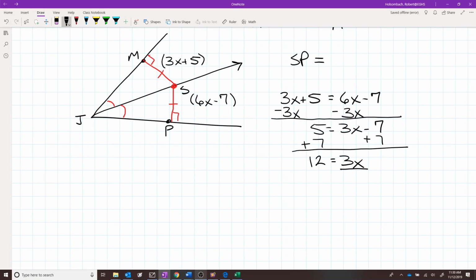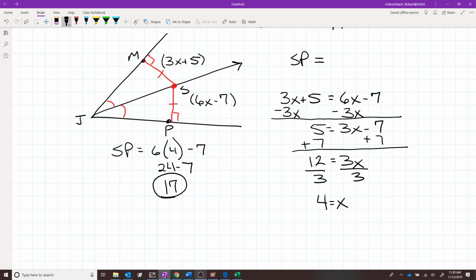And divide by 3. So 4 would be equal to x. If 4 is equal to x, you're going to substitute. So let's see, SP equals 6 times the 4 minus 7. And 24 minus 7 is 17. Everybody all right with that?